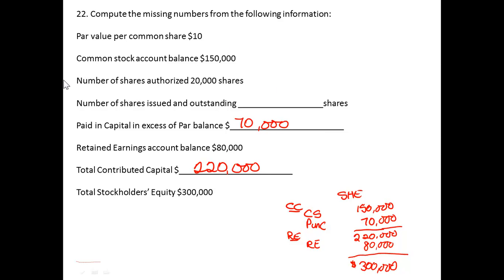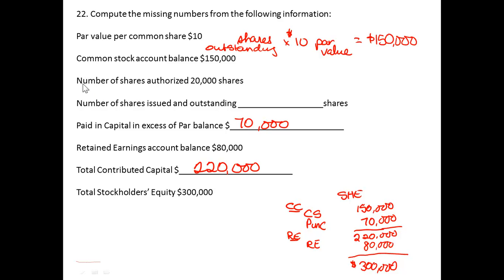As far as common stock, we know that the common stock balance, or that $150,000, is going to be equal to the shares that are outstanding times their par value. In this case, we can see that there's 20,000 shares that are authorized, and we can see that the par value is $10.